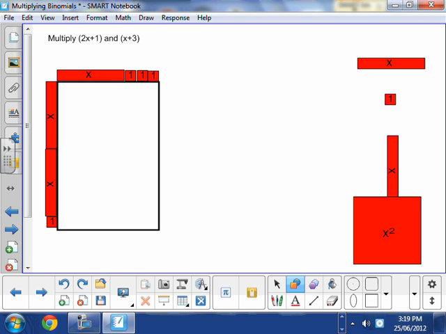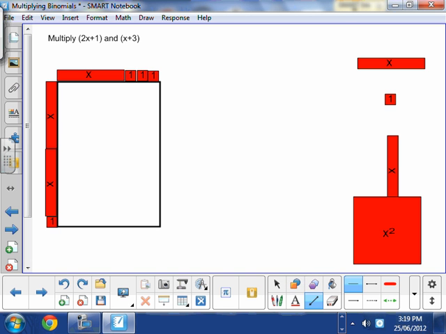If the multiplication of these two binomials is represented by the area of that rectangle, all we need to do is fill it up with tiles. That's the length, and this is my width. I know them: they are 2x plus 1 and x plus 3.